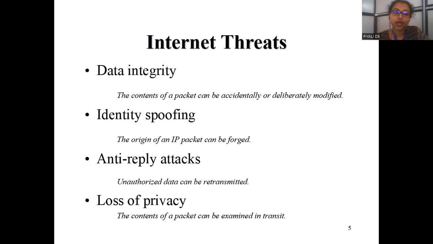Identity spoofing means that if between host X and host Y there is someone, host Z, and host Z pretends to be host X and sends a packet to Y, then Y will think the packet is coming from X, not from Z. This is called identity spoofing.